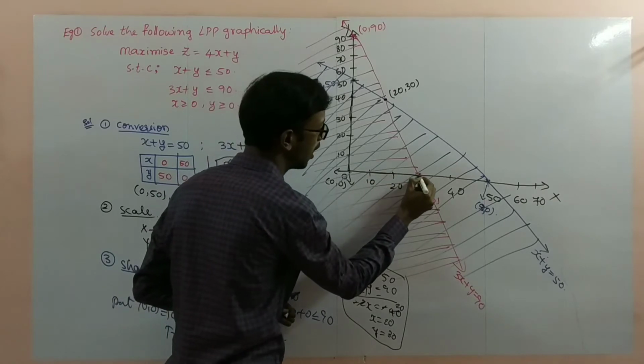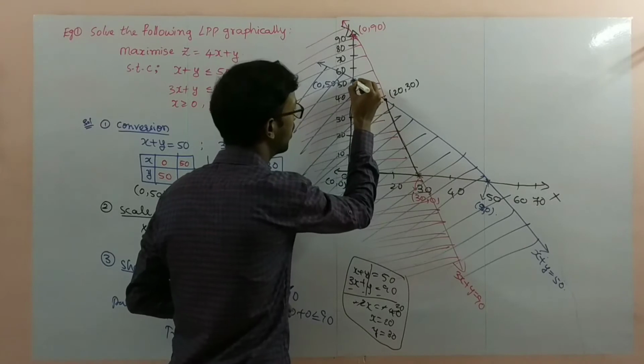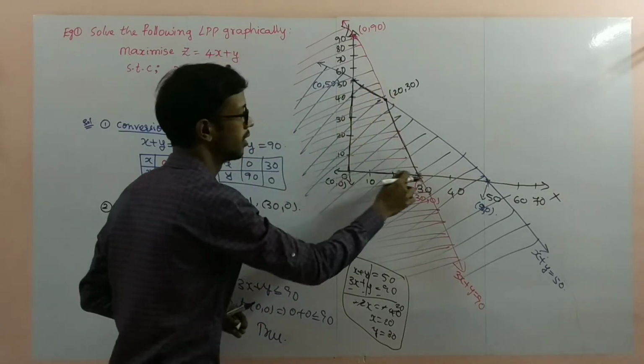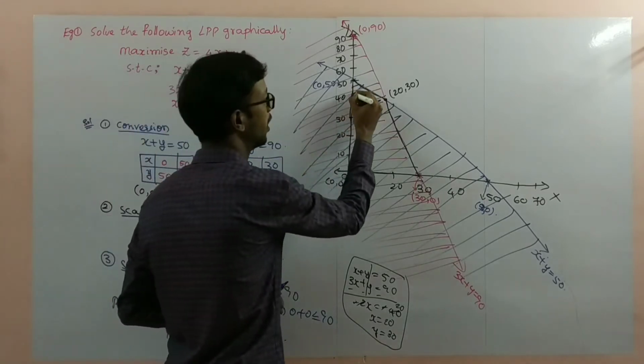I am changing these lines for the common region purpose. So this is the common region in the first quadrant. I am making this one black.